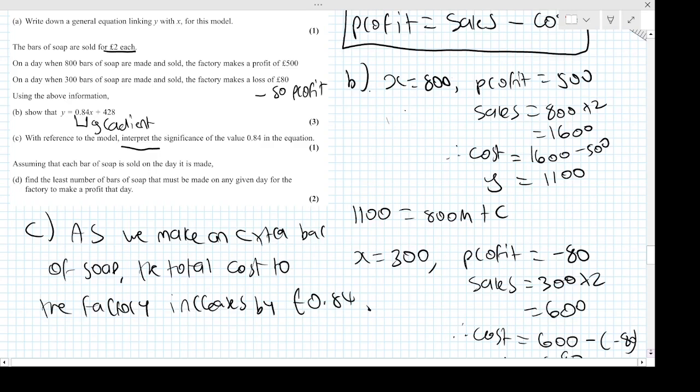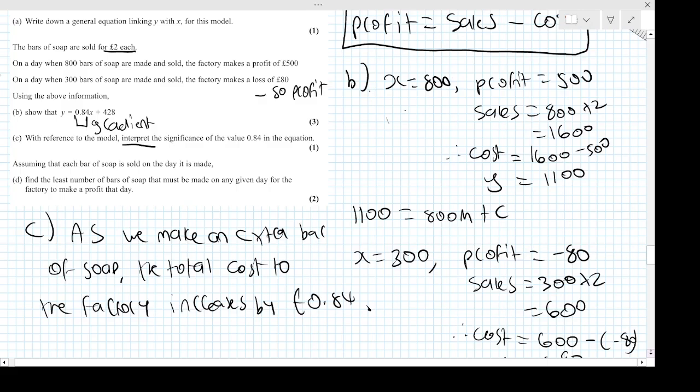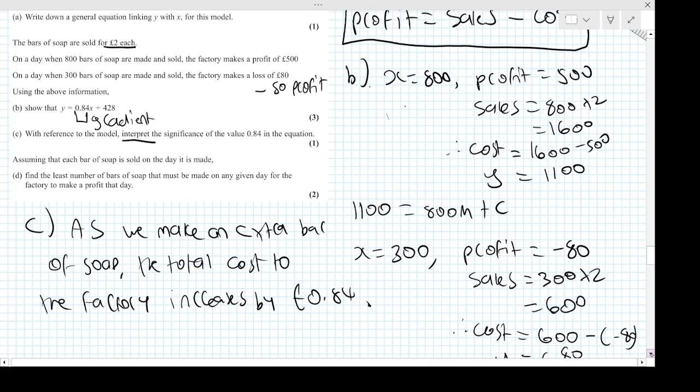But there we are. So don't lose easy marks like that, and make sure you understand it's a similar sort of idea every time. When it says interpret a particular value, do try to understand what we're doing here, because they are easy marks once you learn how to write your answer.